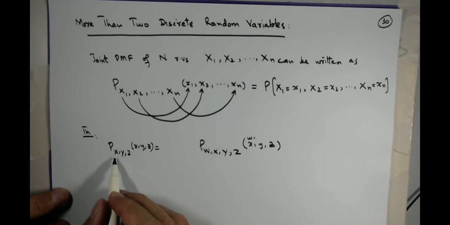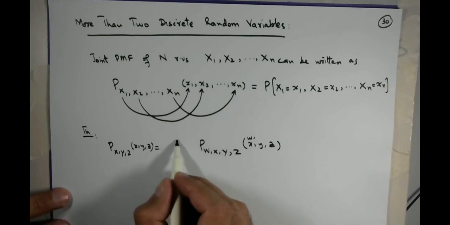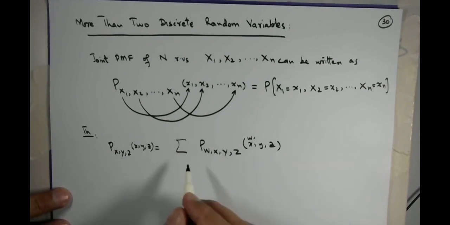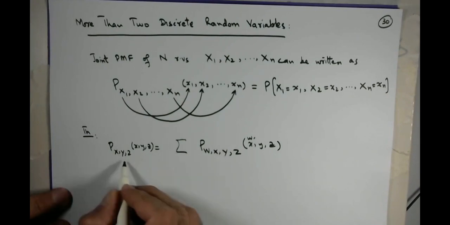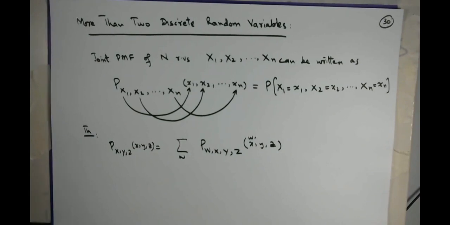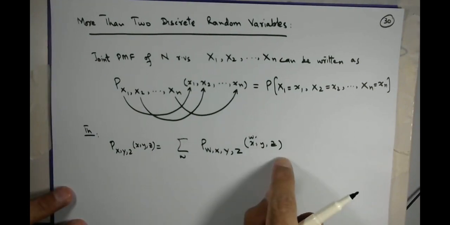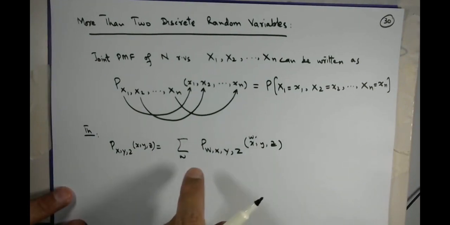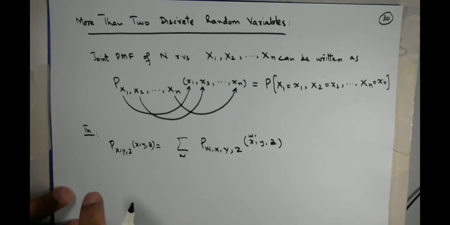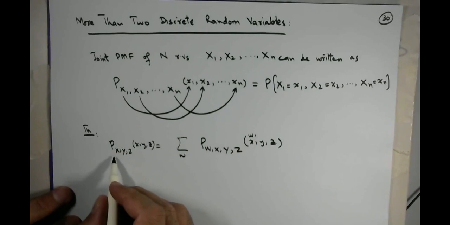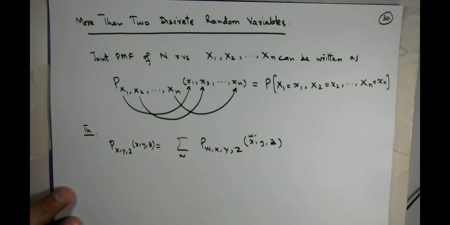So now you want the marginal distribution on x, y, and z. So you need to sum the giant distribution on the variable missing here. The variable missing here is w. So now if you sum the 4-dimensional distribution of w, x, y, z on w, you will get the marginal distribution on x, y, and z.